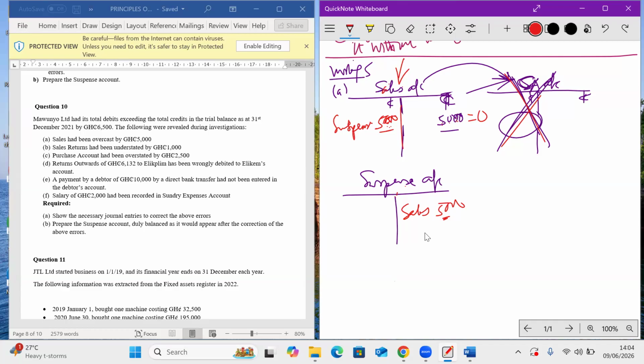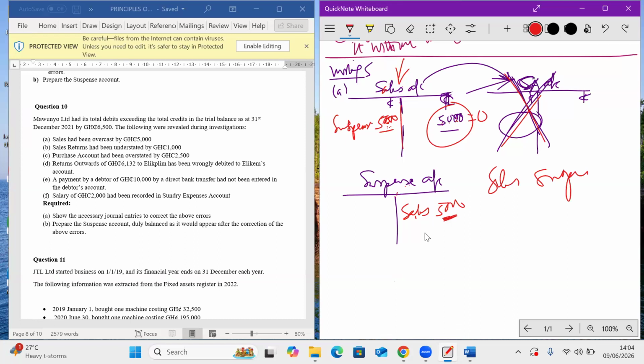The 5,000 on the debit side, when I come to the suspense account, where will I record that 5,000? If it's in the sales account as 5,000, then in the suspense it will be on the credit side as 5,000. I am correcting the error. In the suspense account, where did I get the 5,000 from? Sales, because I'm only dealing with two accounts, sales and suspense.